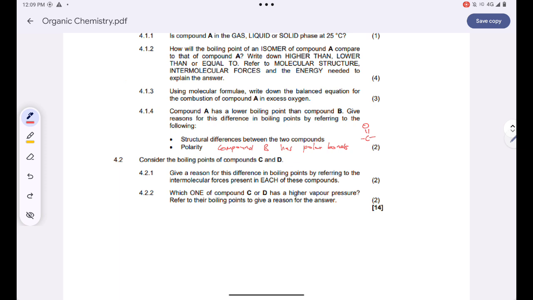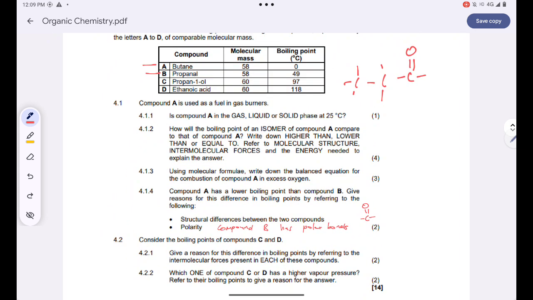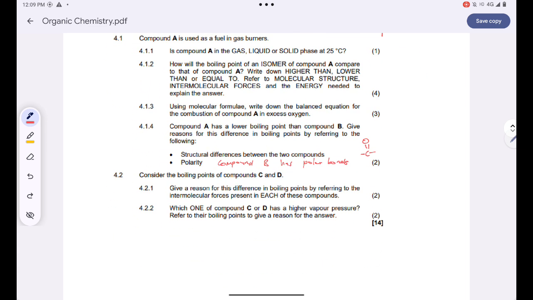Consider the boiling points of compounds C and D. Compounds C and D have two different boiling points. We have propan-1-ol and ethanoic acid. Give a reason for the difference in boiling point by referring to the intermolecular forces in each of these compounds.